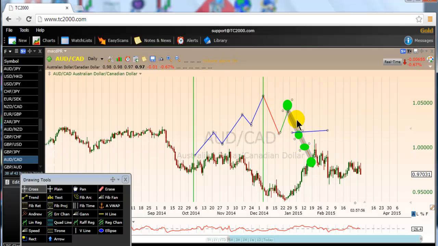The next target is that the C wave can be equal to the A wave. That will be your target here. So you draw all these lines here and watch the reaction of the price. So you want to know where and when the C wave will end. The third target, which is the case when the C wave is longer than the A wave, you will multiply the A wave times 1.618%.